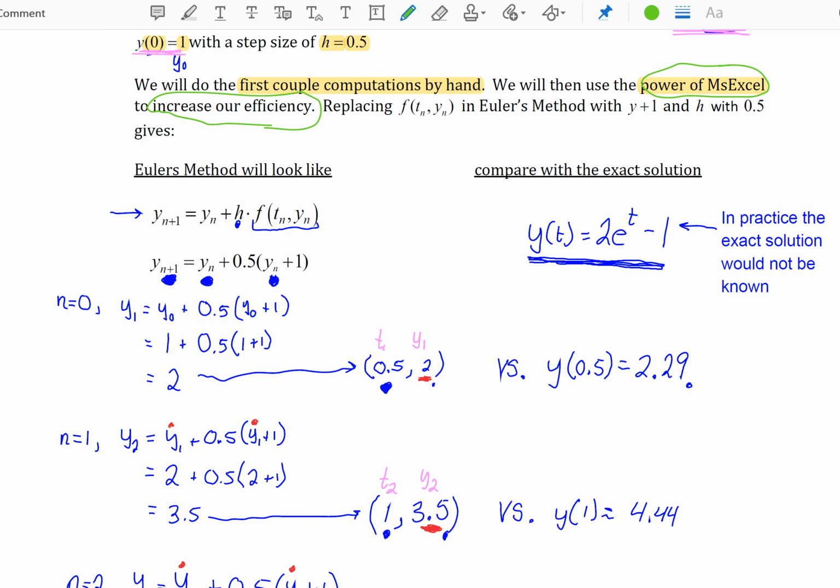But I would like to do this in a separate video where I can go through the Microsoft Excel method for doing this. So I'm going to stop this video here. I'm going to create 2 more videos, one to show you how you might use Excel to approximate solutions with Euler's method, and then a second video for looking at the modified Euler's method that we presented earlier. So I'll see you then.